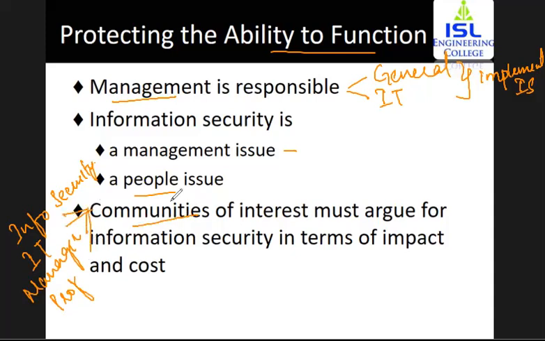These people might argue for information security in terms of impact and cost. The information security officer might only be concerned with the security, whereas the information technology manager will be concerned with the technology you're using. The manager is going to focus on the overall security of the organization. So each of them may have their own terms for how they want to achieve information security, but in the end, you're going to secure the entire organization.